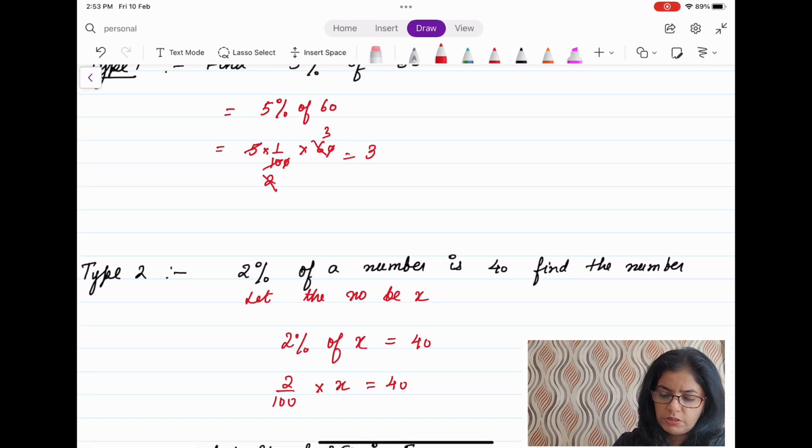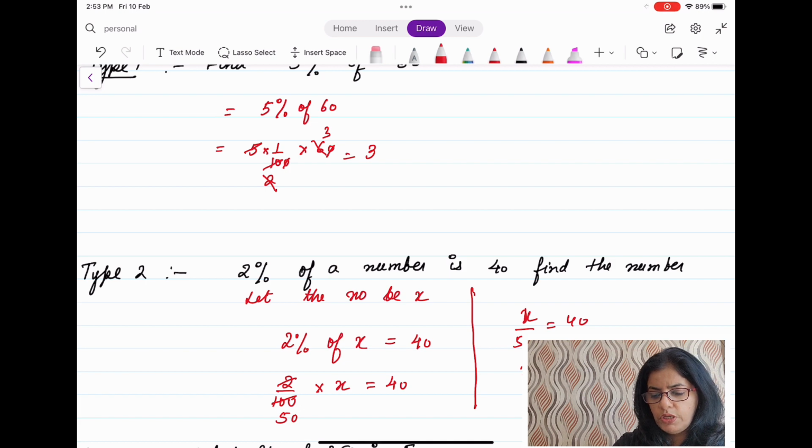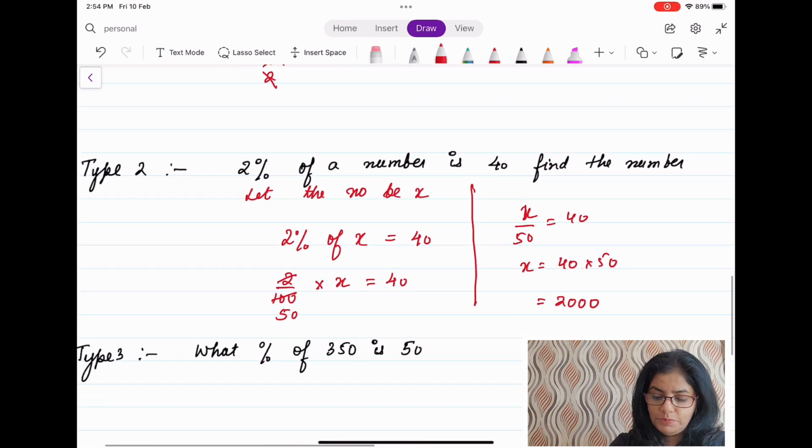Cancelling, it becomes x upon 50 is equal to 40. So x is equal to 40 into 50, that is 2000. So 2% of 2000 is 40. I hope things are getting clear. If not, then please pause the video, solve it yourself and then check the answer.